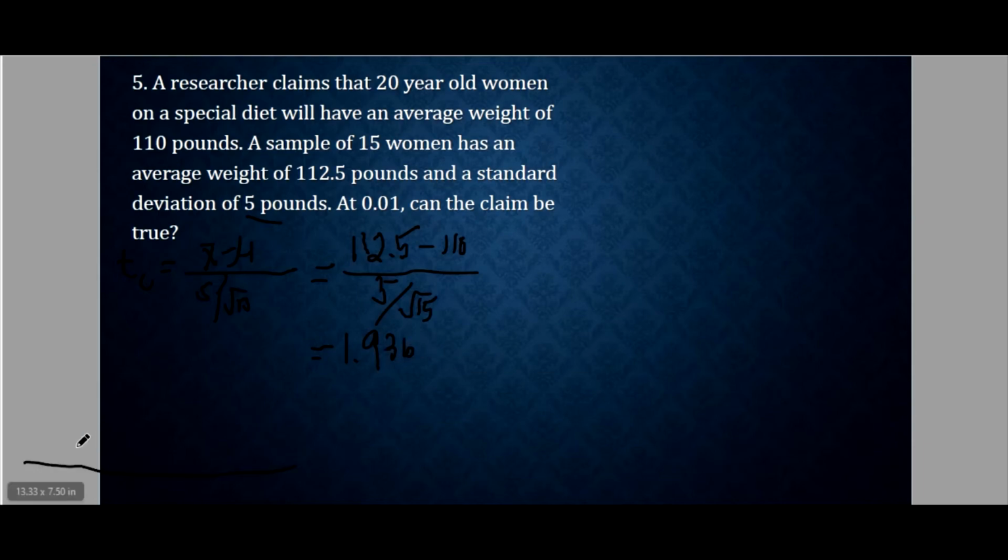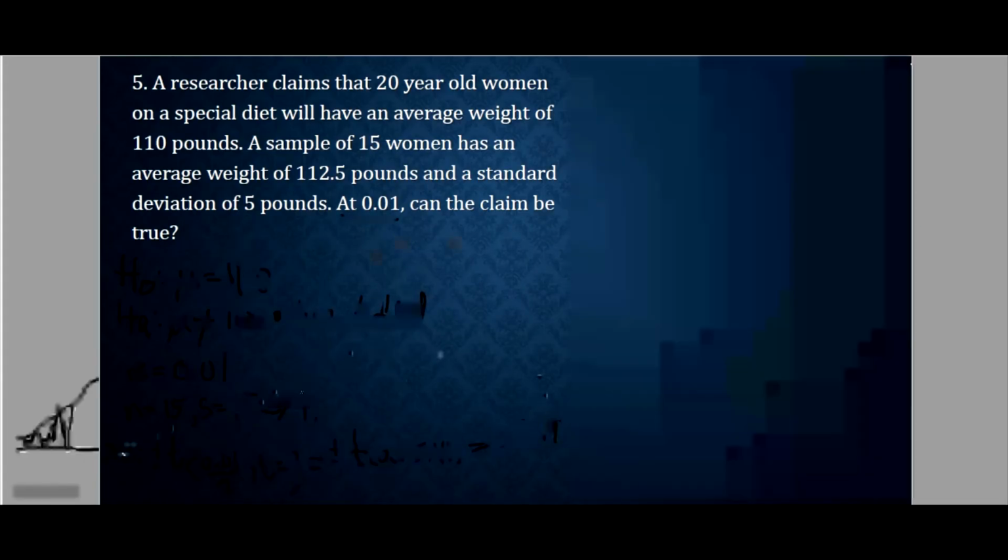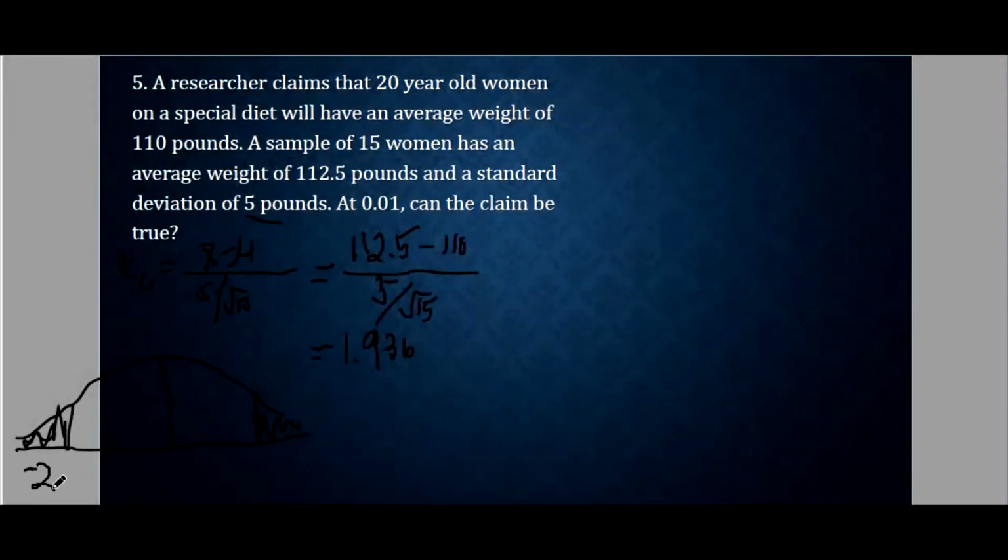So let's draw. So what are our critical values? We have negative 2.977 and positive 2.977. Now let's locate positive 1.936. So it's somewhere here. So what is our decision?